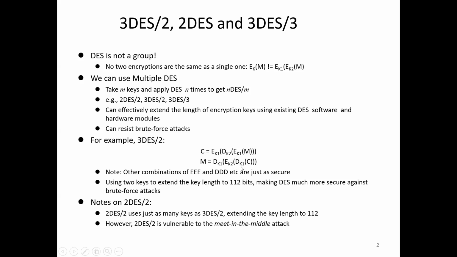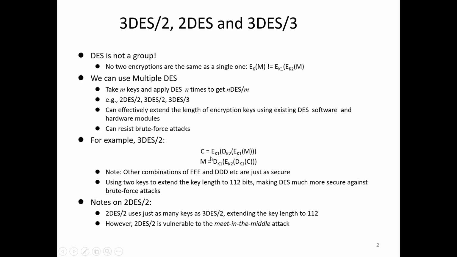But for 3DES, this is a normal way to apply DES. You have 2 different keys, K1 and K2. You use encryption on K1, and then use decryption on K2, and use encryption on K1 again. This is also 3DES.